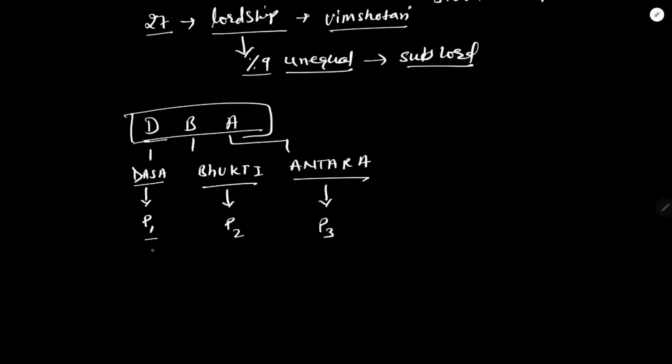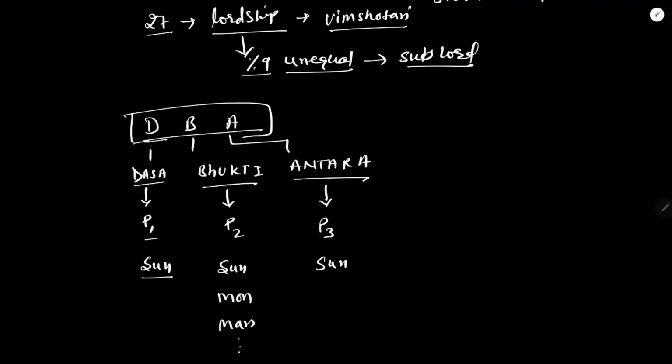Let's say P1 is Sun, then the first Bhukti will be of Sun, and the first Antara will be of Sun. What will be the next Bhukti within the Sun? It would be of Moon. And what will be the Bhukti after the Moon? It will be Mars, and so on. So this is the order: Dasha, Bhukti, and Antara.